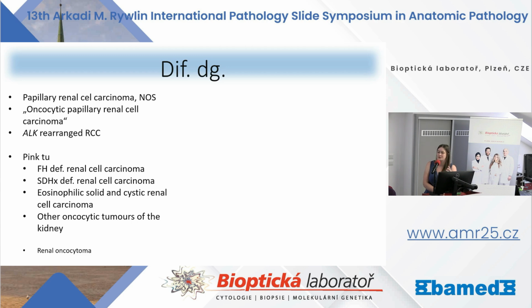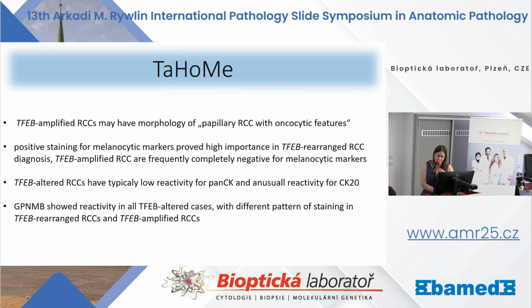So for me, if I have a tumor which looks like eosinophilic solid and cystic renal cell carcinoma, first I have to exclude the diagnosis of TFE-B amplified renal cell carcinoma with fluorescent in situ hybridization testing. And when this tumor is negative for amplification, I'm going to call it eosinophilic solid and cystic renal cell carcinoma. And then there are a lot of different tumors in the eosinophilic group of renal tumors which we are not able to classify. So all these tumors are in the differential diagnosis.